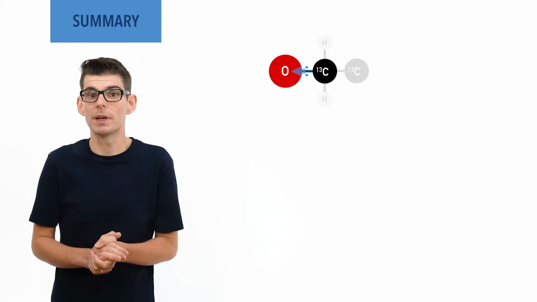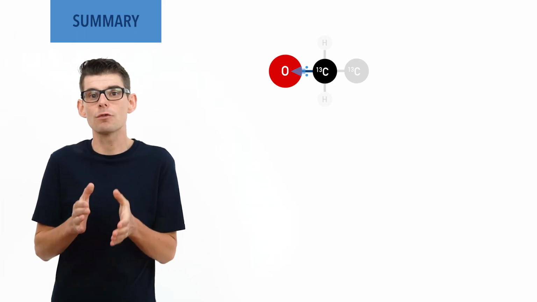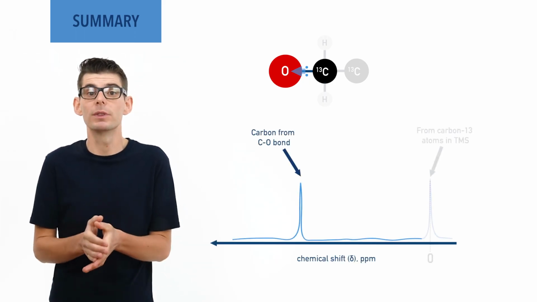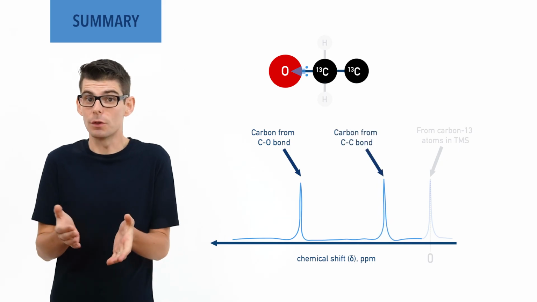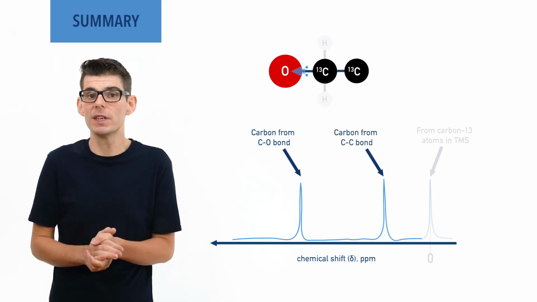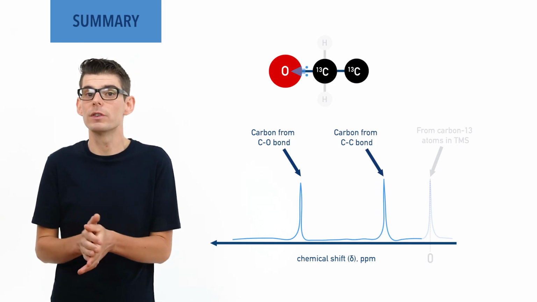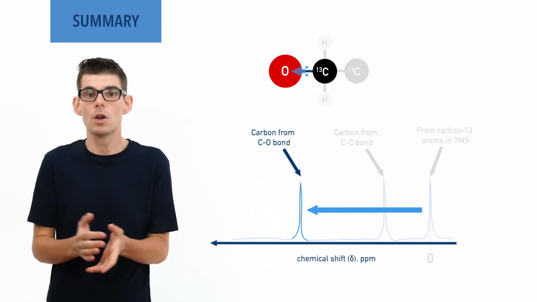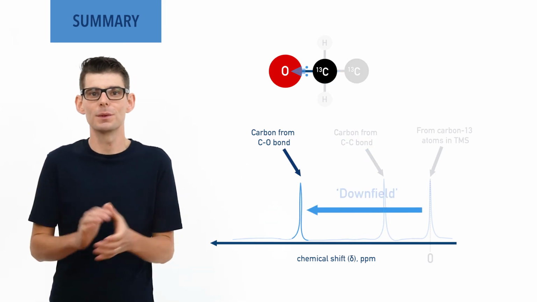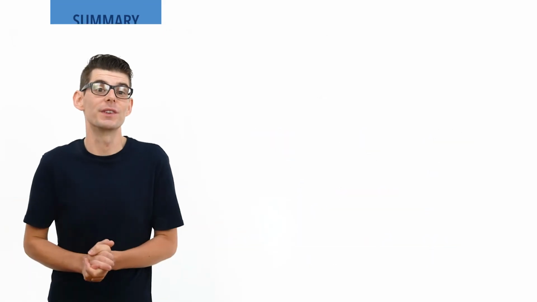This is why carbon atoms bonded to oxygen have greater chemical shifts than those bonded to other carbon atoms, and on spectra, absorbances for these carbon atoms are always further to the left on the x-axis, referred to as downfield.